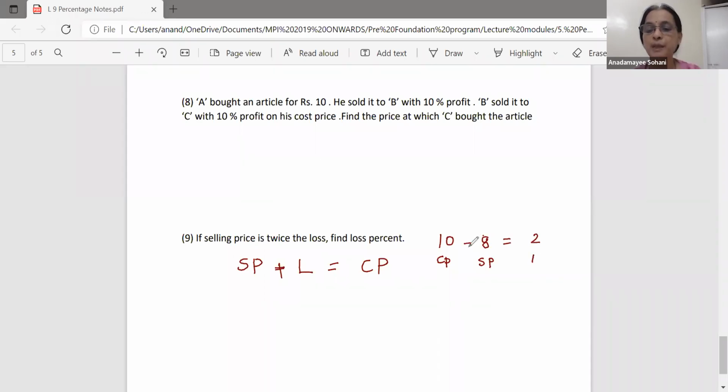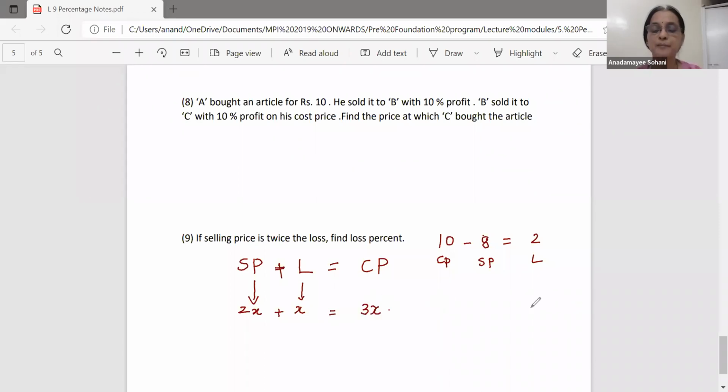So cost price minus sale price is loss, or sale price plus loss is cost price. Okay. Now what are they saying? Sale price is twice the loss. So if I take loss as X rupees, sale price will be 2X. So the cost price is 3X.